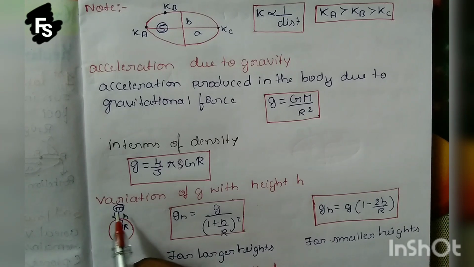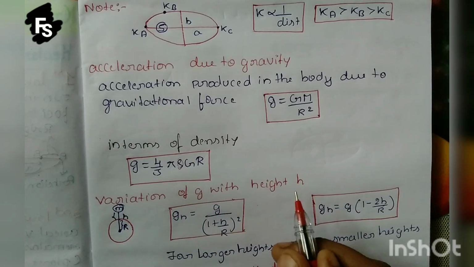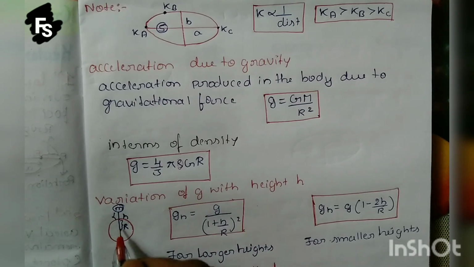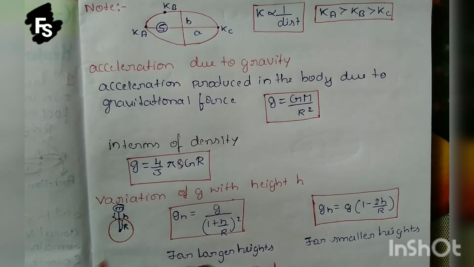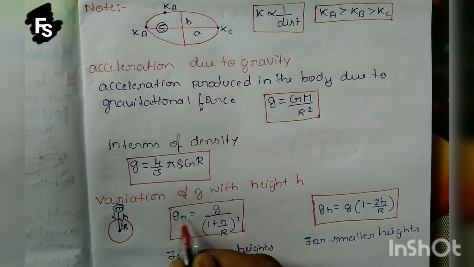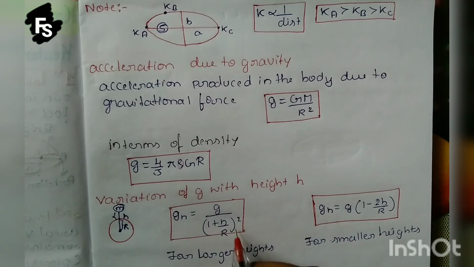Then, variation of g with height h. If we lift a mass from the Earth's surface to height h, what is the change in gravitational field? Here gh is the change in gravitational field: gh is equal to g, the initial gravitation, divided by (1 plus h by r) whole square.